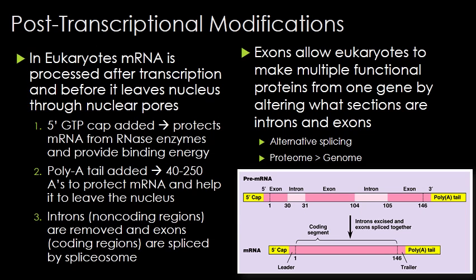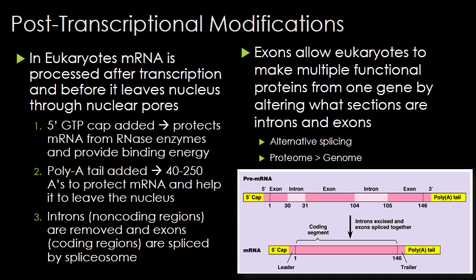In eukaryotes, there's an additional step. That mRNA is full of junk DNA, and it's not very protected for the rough environment inside a cell. So we're going to have 3 steps for modification that comes after transcription, but before the transcript leaves the nucleus. The first one is the 5' GTP cap will be added to the 5' end.